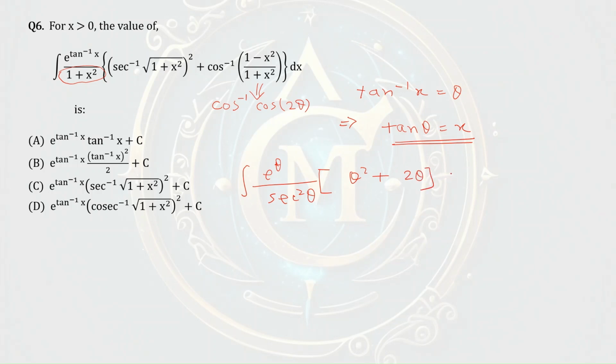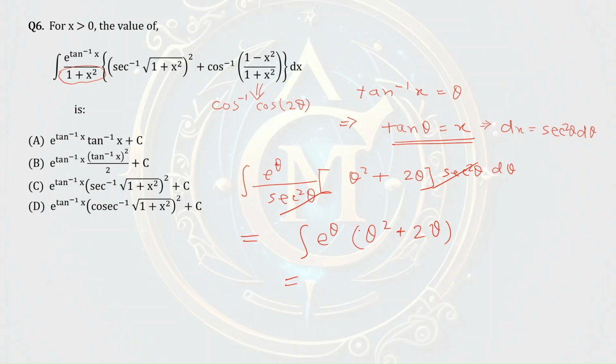And here dx will be sec square theta d theta. So here this sec square theta and sec square theta get cancelled, and we are left with e to the power theta times theta square plus 2 theta.